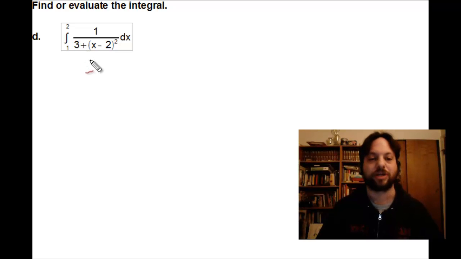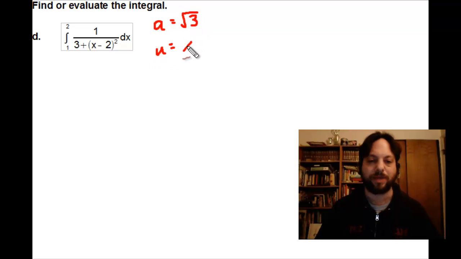It looks very much like one of those formulas in the box that we need to know, and in fact it is. If we were to call a the square root of 3, and u can be x minus 2, which of course then means du is simply going to be dx, then what we have here is an arctan. We have 1 over a squared plus u squared. That's an arctan.